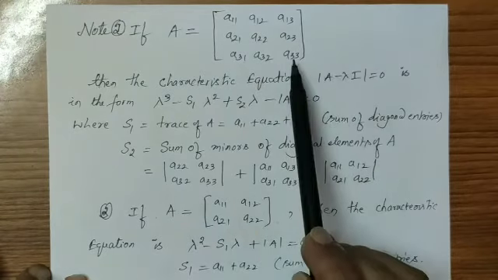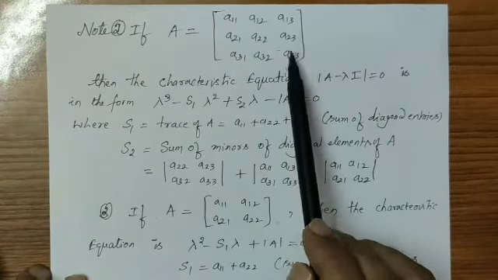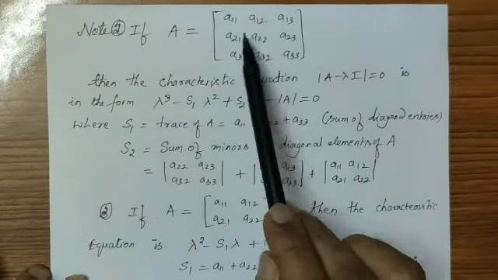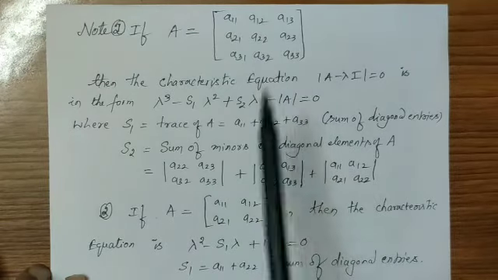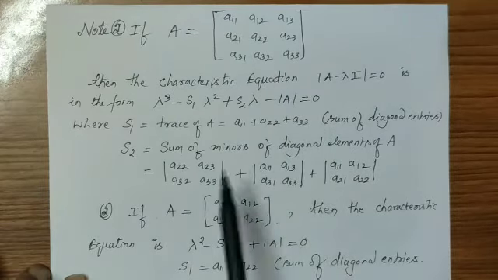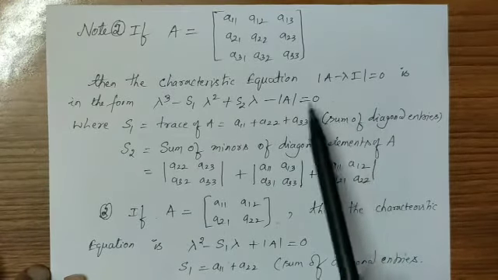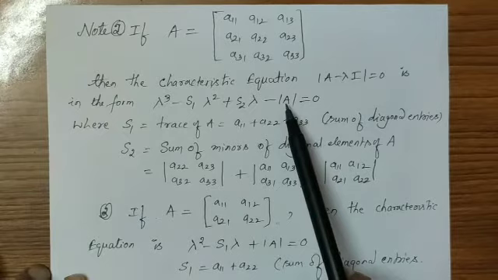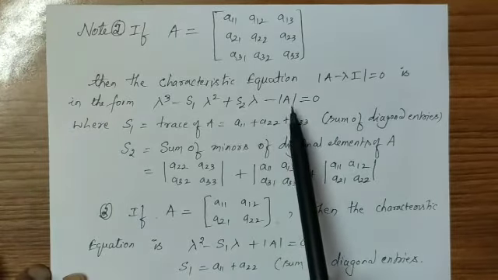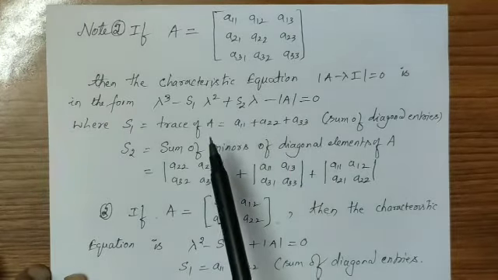Similarly, the minor of A33 is found by removing its row and column. The sum of these gives us the value of S2. Then we need to find the determinant of A to substitute here. If you calculate these, you can find the characteristic equation easily.